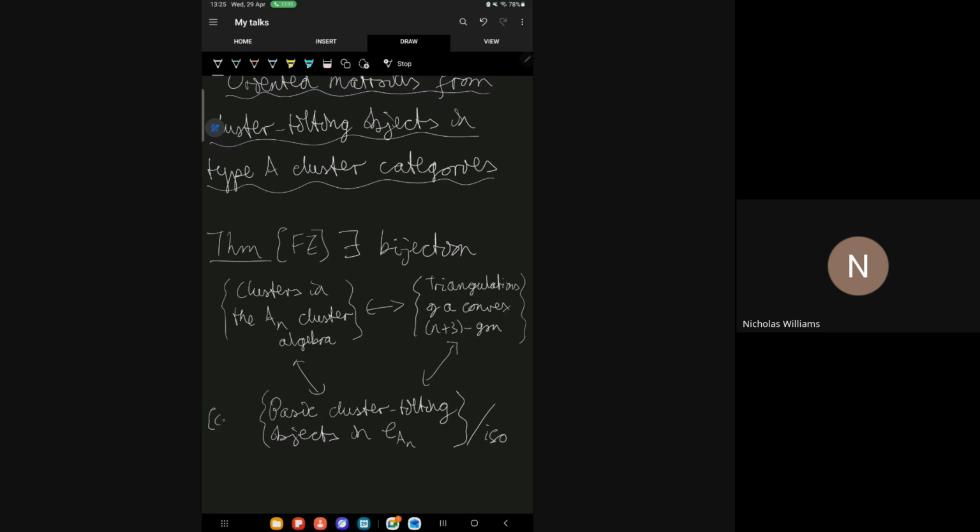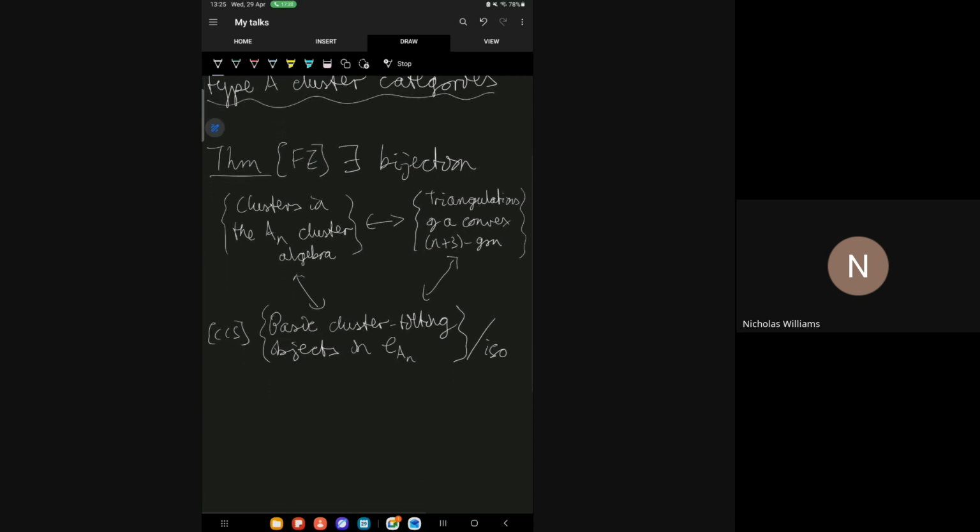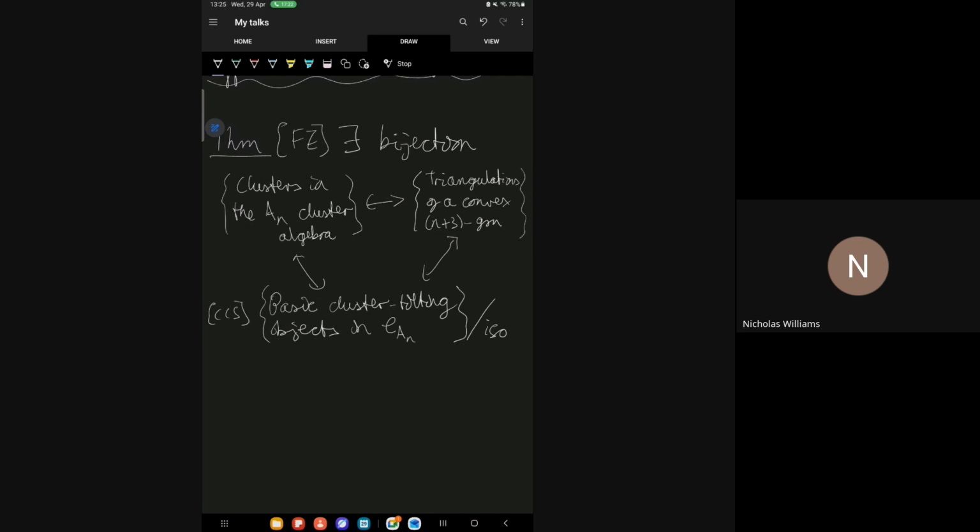I suppose this is originally due to Caldero, Chapoton, and Schiffler. So this cluster category was first defined by Buan, Marsh, Reineke, Reiten, and Todorov.